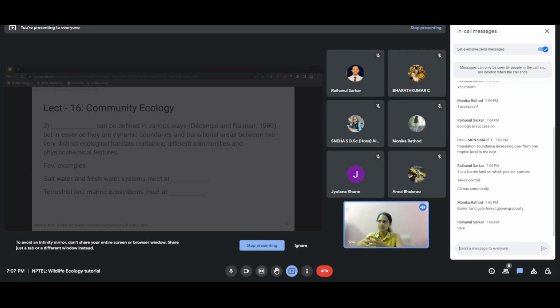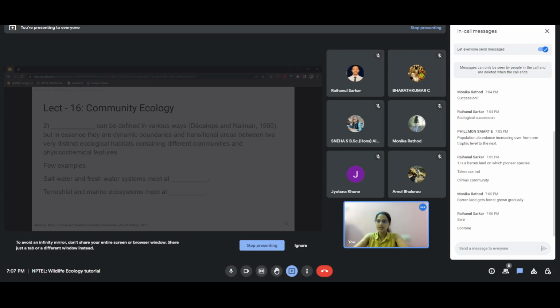Seri. No, it's a term used for a region. Yeah. That's about right.